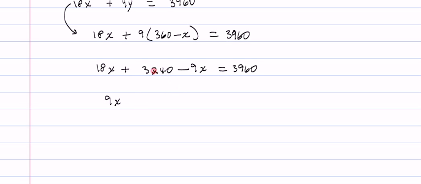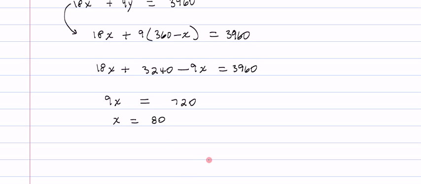And at the same time, let's subtract 3240 from both sides to get all the numbers on the right. Well, 3960 minus 3240 comes to 720. So the equation right now is 9x is equal to 720. We divide both sides of this equation by 9. We get x is equal to 720 divided by 9, which is 80.